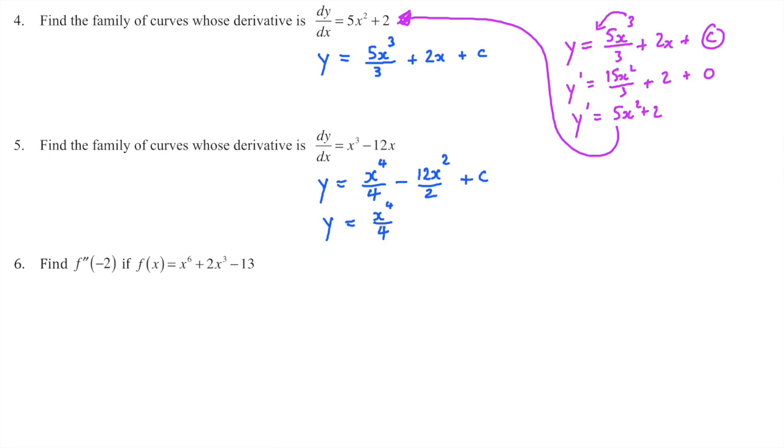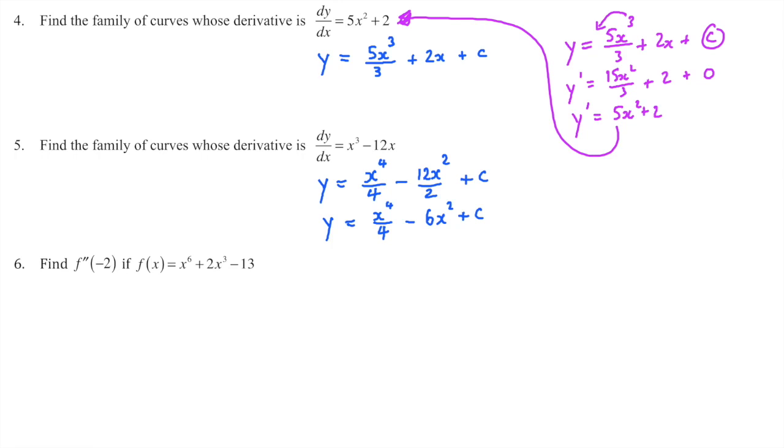So this represents all curves that when I differentiate it, I get x cubed minus 12x. Pretty tricky. That actually is called the process of integration, which is an entire topic by itself. And we will be doing that later.